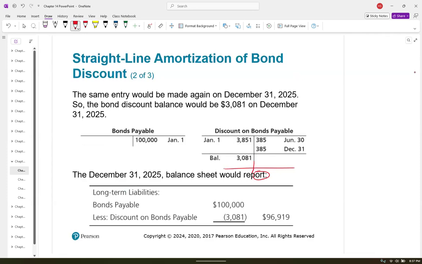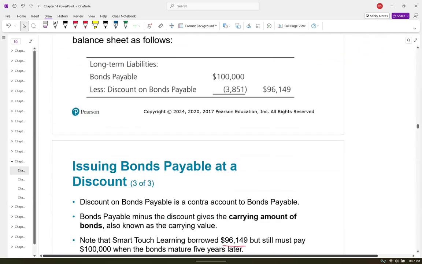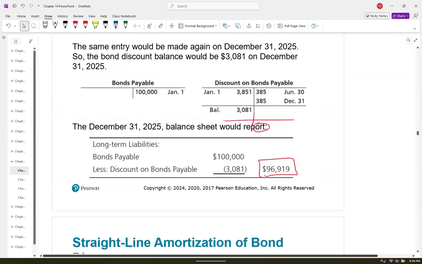You can see how, by them amortizing that extra 385, the book value goes up. It was 96,149. Now it's gone up by the amount of those two. So the discount is always going towards zero, and the two accounts together are going towards the face, what is printed on the bond.